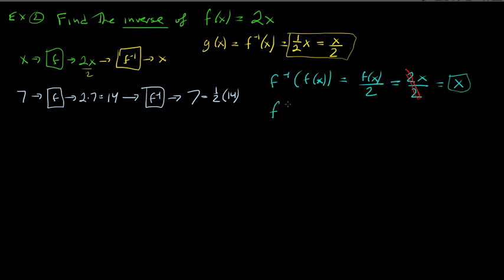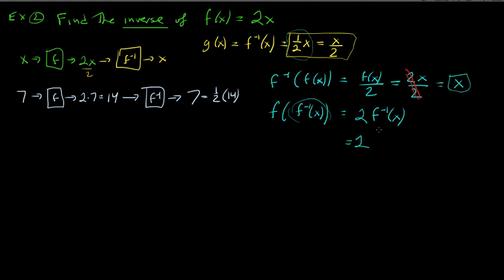Let's take f of f inverse, right? So what does f do to x? It doubles it. So what does it do to f inverse of x? It doubles it, right? Now, what's f inverse of x? I was just going to do parentheses here. There's the 2. f inverse of x is this, right?